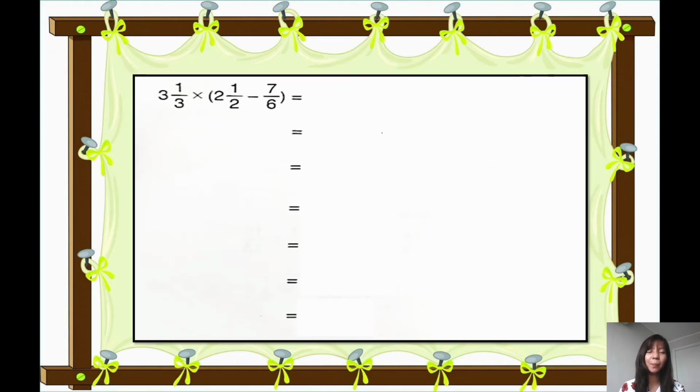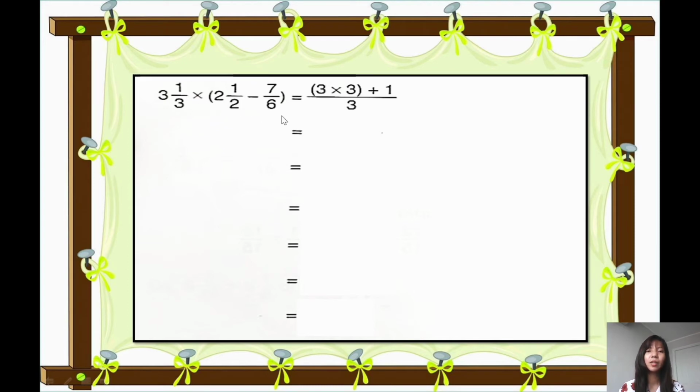Alright, another example. We have here 3 and 1 over 3 times the quantity of 2 and 1 over 2 minus 7 over 6. Again, follow the rule. You have to solve the problems inside the parentheses. Okay, so first, just copy the numbers and the operation before these problems.